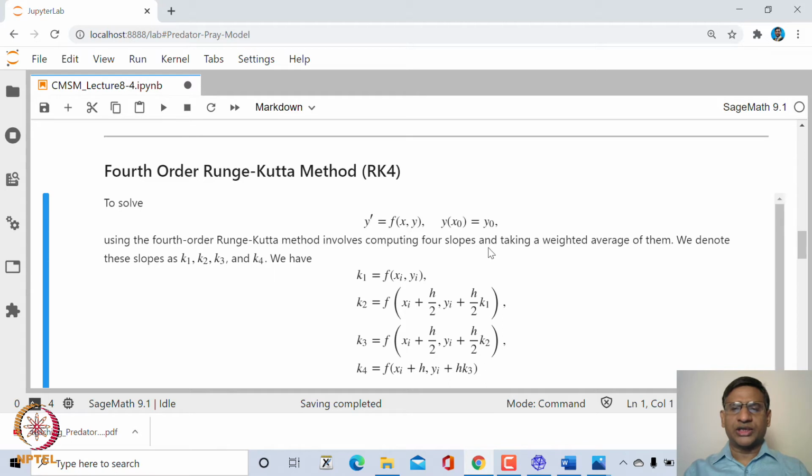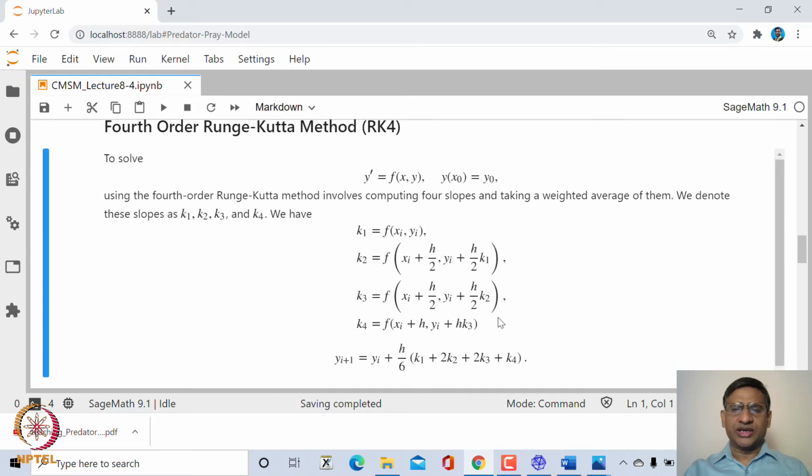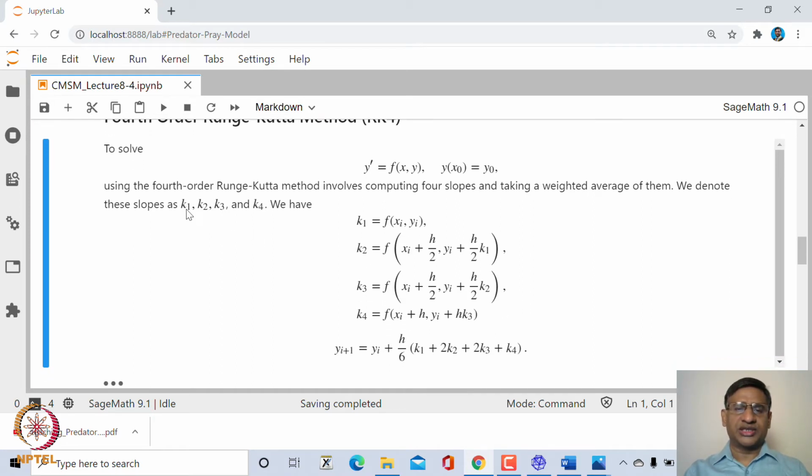We saw in the case of the improved Euler's method, we took the average slope at (xi, yi) and (xi+1, yi+1). In this case we take 4 points, take the slopes and find the weighted average, right. So these 4 slopes, let us call them k1, k2, k3, k4.